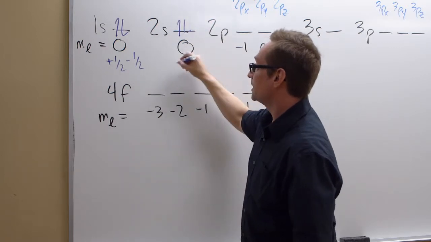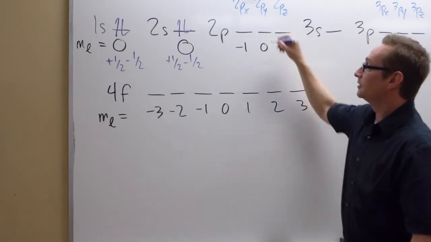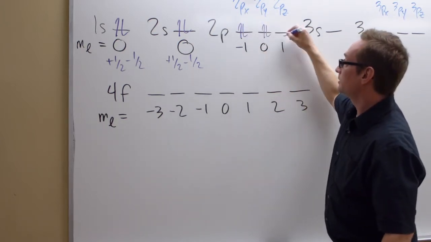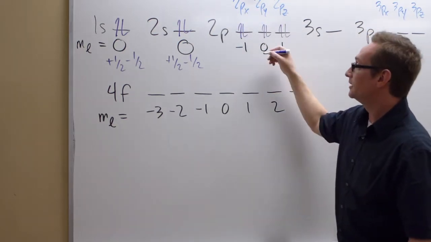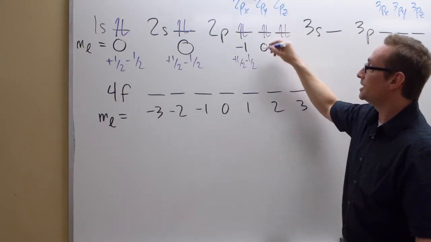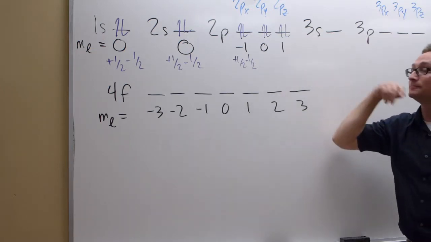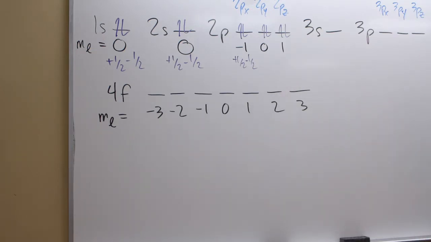This also would represent plus 1/2 and negative 1/2. If I had a completely filled 2p subset here, I would have plus 1/2, negative 1/2, and then repeat this for every single orbital. So every orbital that's filled has a plus 1/2, minus 1/2 spin quantum number assignment to it.